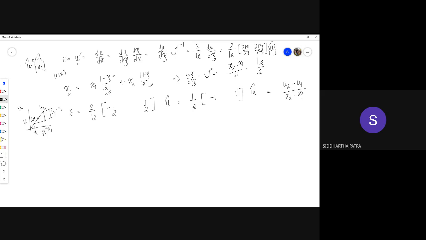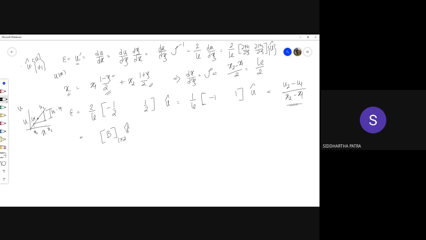Okay. Now, I'm not going for the final expression, but just before that, I would refer to that as being the B matrix, which is 1 cross 2 times U hat.